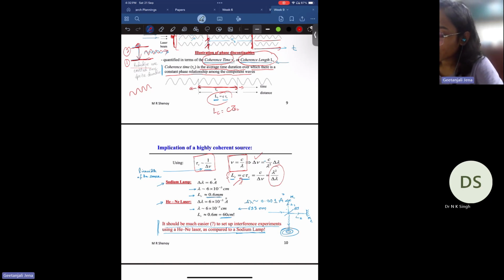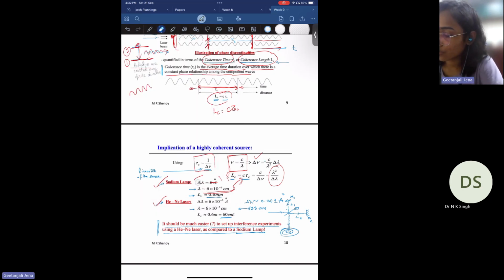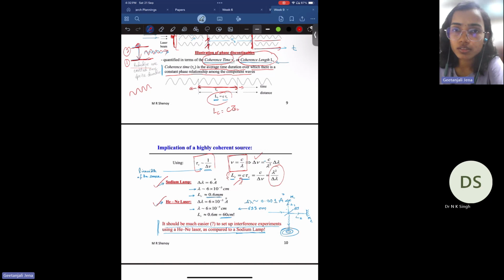If you compare two sources like sodium lamp and helium neon laser, for sodium lamp the delta lambda is 6 angstrom, and lambda of sodium lamp is around 600 nanometer, so we take 6 into 10 to the minus 5 centimeter. Calculating using this relation, we get the coherence length LC equal to 0.6 millimeter.